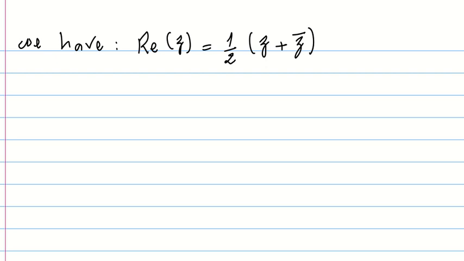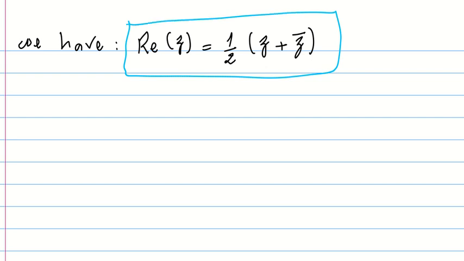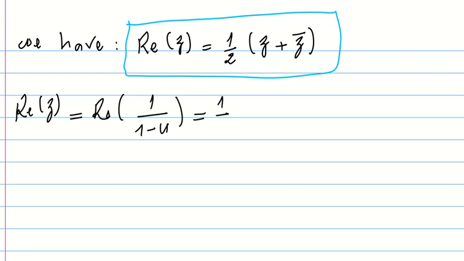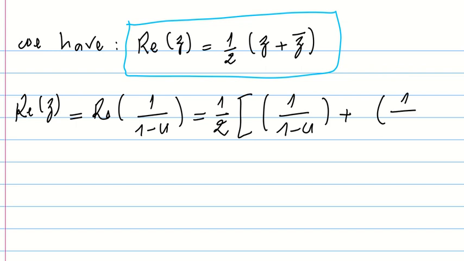So using this rule, we obtain that the real part of z is equal to the real part of 1 over 1 minus u, which is equal to half of 1 over 1 minus u plus the conjugate of 1 over 1 minus u.